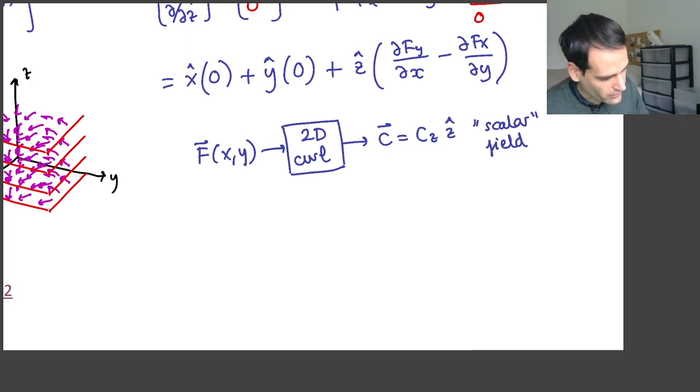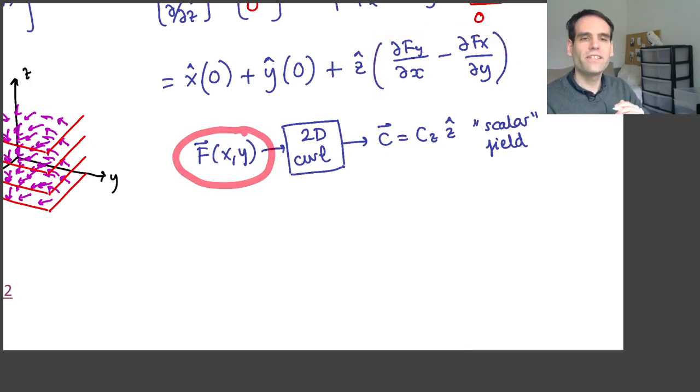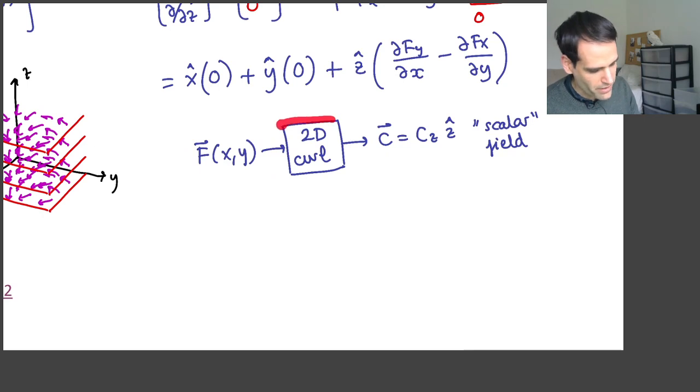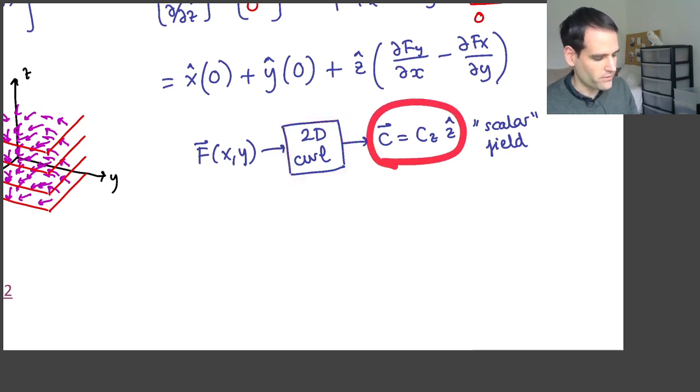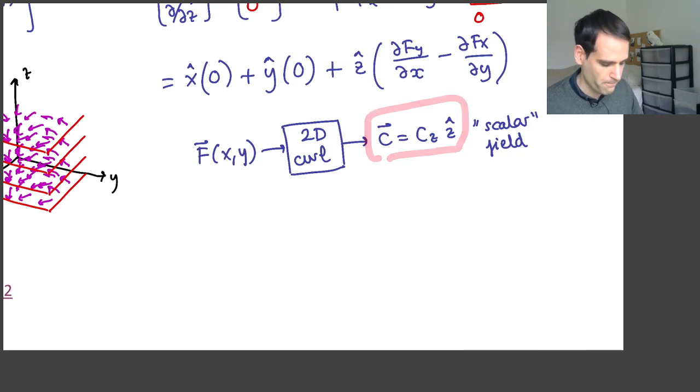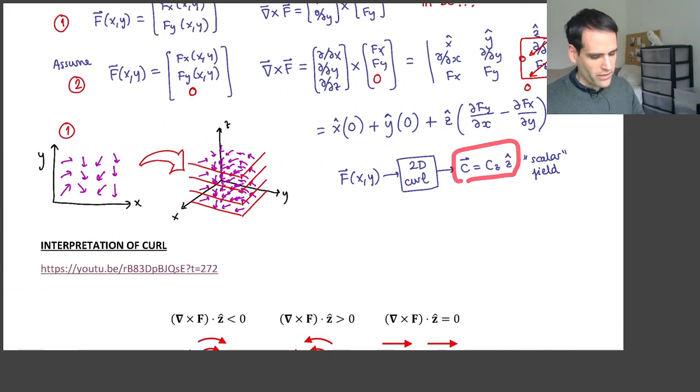Mathematically, we can consider this as our scalar output, so that when we have a 2-dimensional vector field as the input, we apply this 2-dimensional curl, and our output is just a scalar field. Or in other words, it's just a curl which only has a z component. Okay? So that's what we are going to do in order to plot some examples.